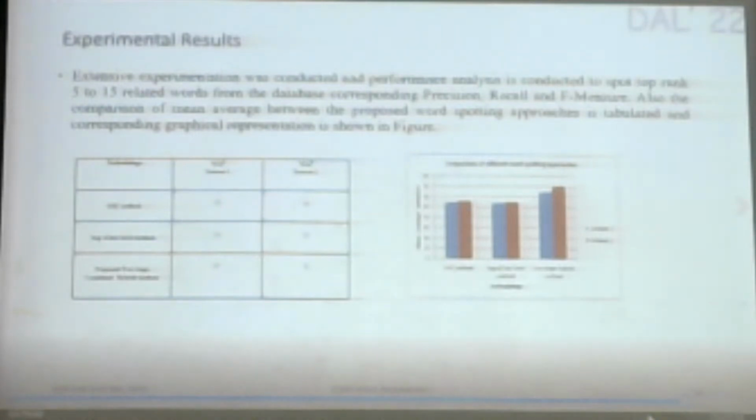Here we can observe that when compared to the individual methods, the proposed two-stage combined method gives better results. Finally, by observing the results, we can conclude that when compared to the individual approaches, the combined strategy of combining the statistical approaches gives better results.